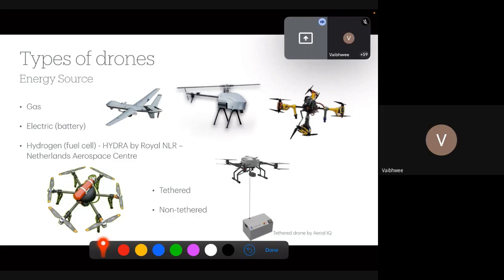That you need to generate more force or more lift to keep the vehicle afloat, which means you need bigger motors and bigger propellers. Once the motors are big, the weight of the motor and the weight of the propeller also increases. So it again goes in a loop, and you end up increasing the size of the UAV while trying to increase the endurance.